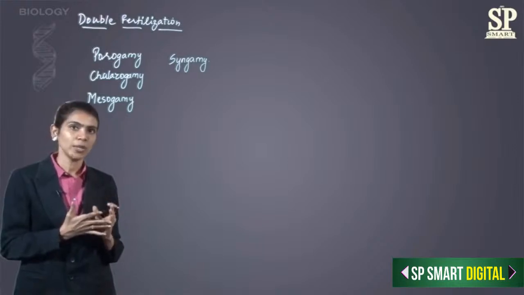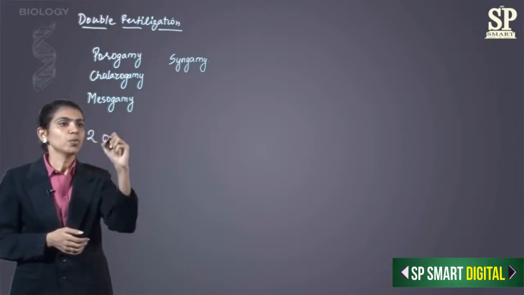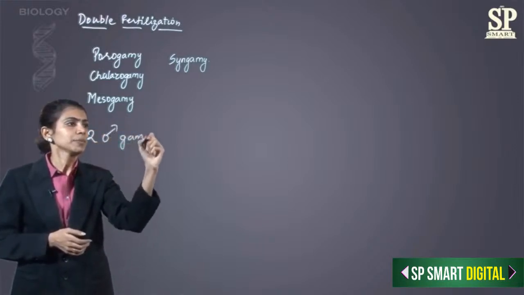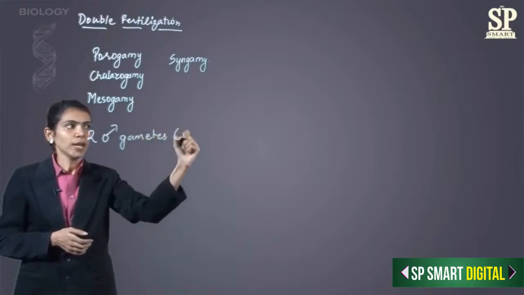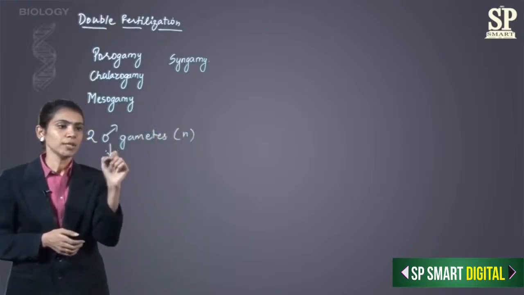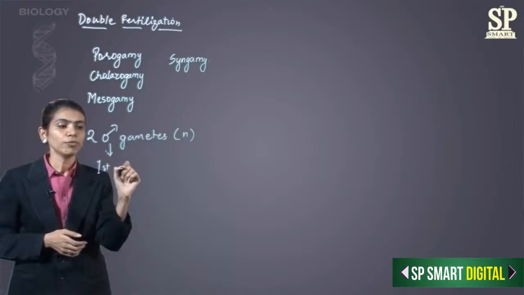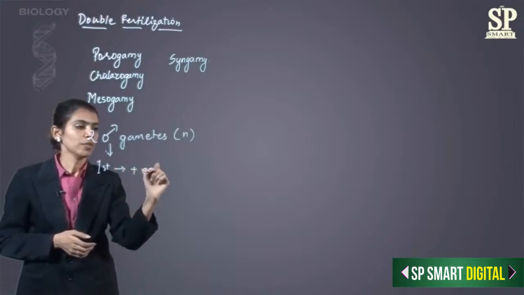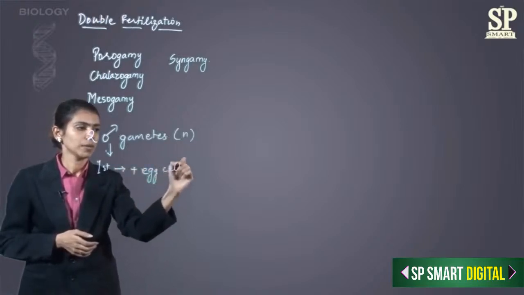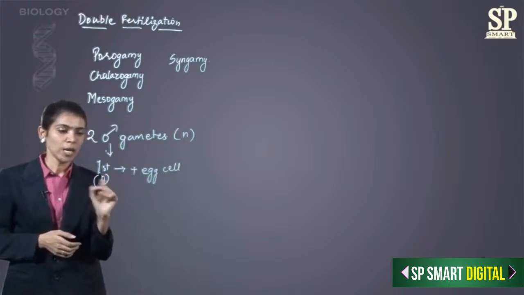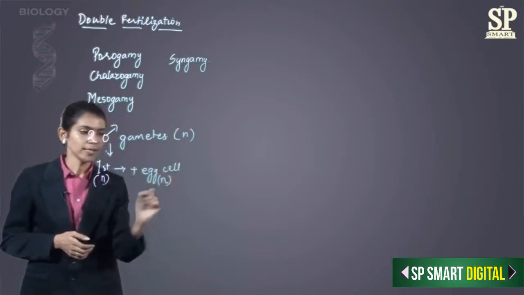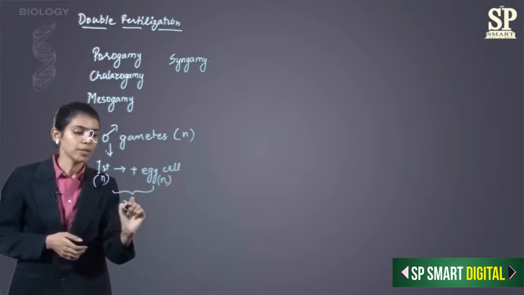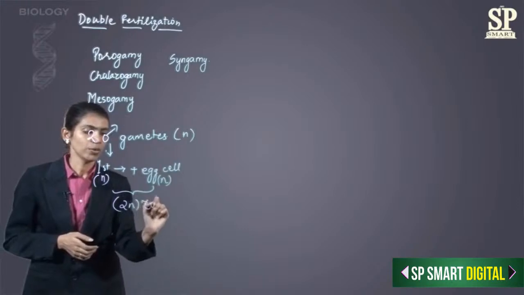It has two male gametes, which are haploid. The first one will fuse with the egg cell, or the female gamete. So the haploid male gamete fuses with the haploid egg cell to form a diploid zygote.